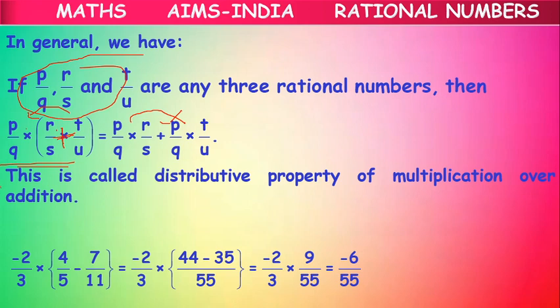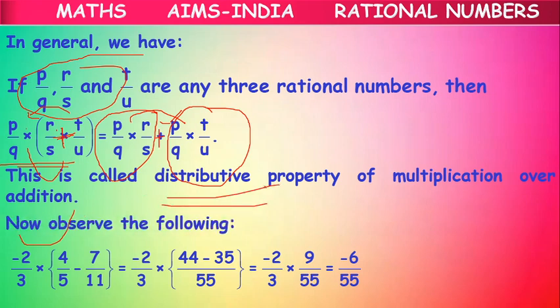So here the multiplication property distributed over addition. So for the first rational number multiplication coming, second rational number multiplication coming over addition. So this is called distributive property of multiplication over addition.